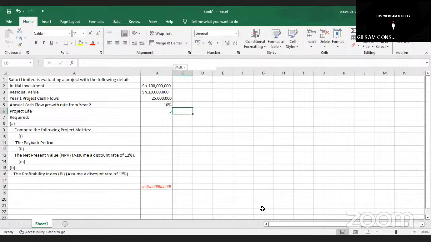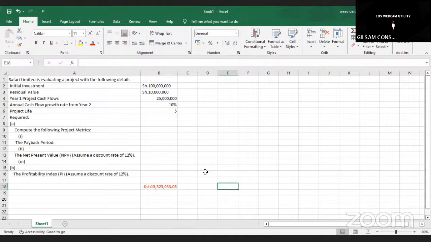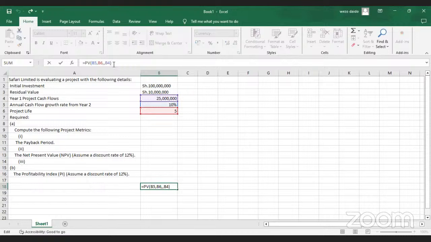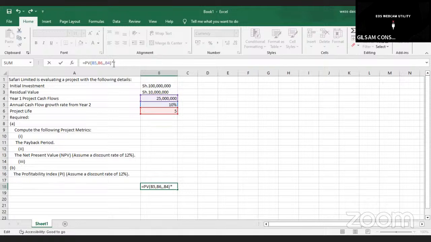If I put mine here, that is fine. 25 million. Is it fine? And then change it to be positive.